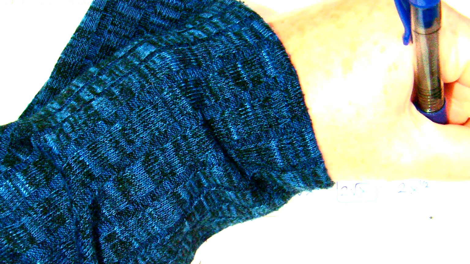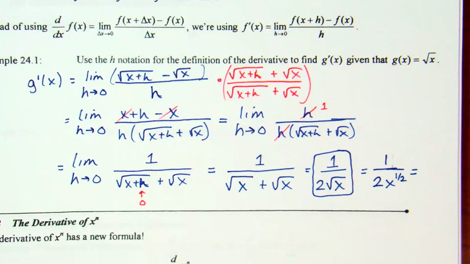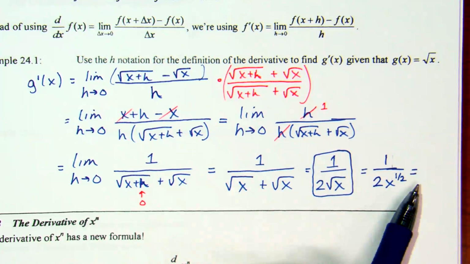So, just try to get you thinking ahead about something. 1 over 2x to the 1/2. If you take that x to the 1/2 out of the denominator, what does this become? It becomes x to the negative 1/2, and that would take it up to the numerator or just make it a whole part.